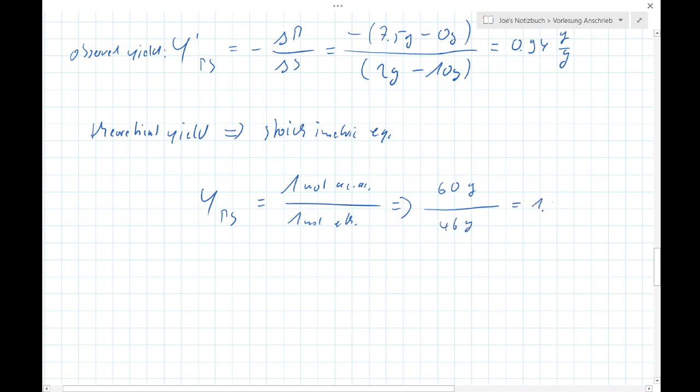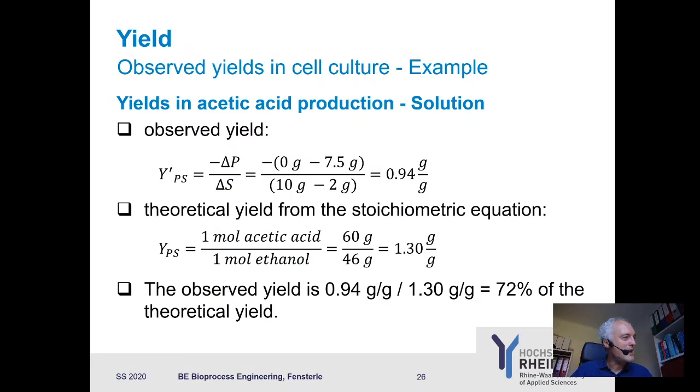So our mass yield is 1.3 grams per gram, and our molar yield is 1 mole per mole. If you compare that with the observed yield, we are at 72% of the theoretical yield.